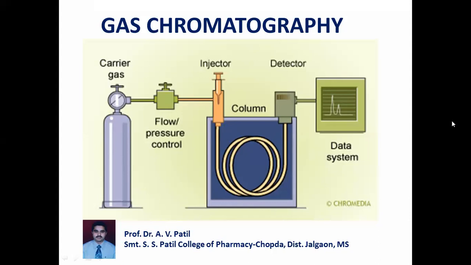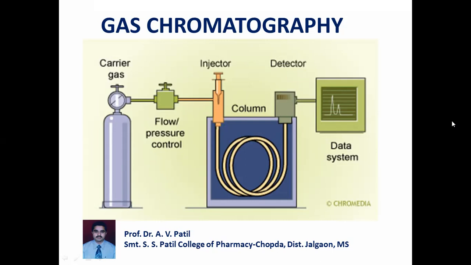Gas chromatographic technique was developed. As you are observing on the slide, on the screen, the requirement of gas chromatography, the instrument requires different accessories, different parts of the instrumentation, which is very important.